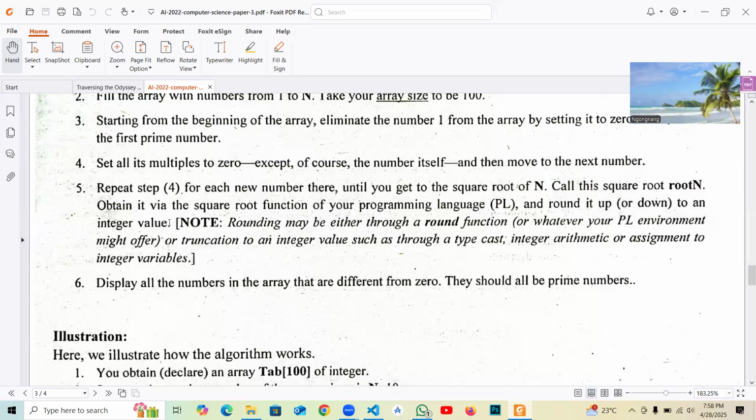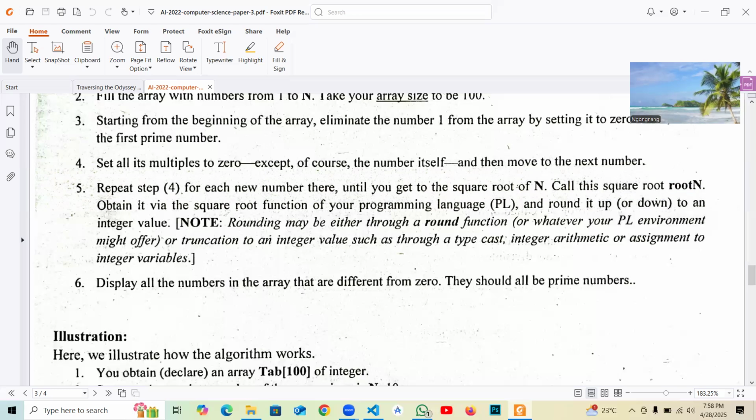It's true, because the square root of 20 will give us a float. I think I'm talking to computer science students and they understand what float means as far as data types are concerned. And the numbers we are talking about are supposed to be integer values. We don't have floats as prime numbers.